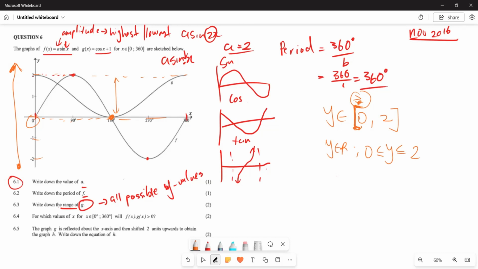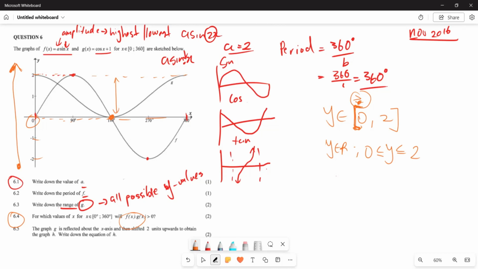Now let's look at your 6.4. They say, for which values of x, where x is between 0 degrees and 360 degrees, will the graph of f(x) multiplied by g(x) be greater than 0?